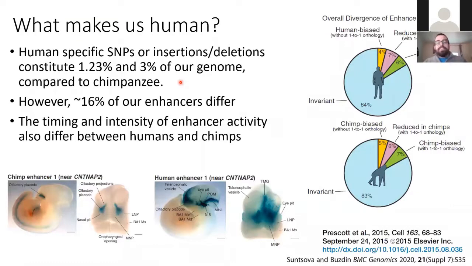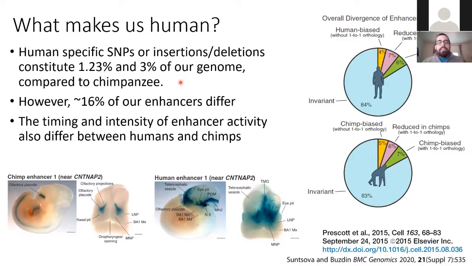What makes us human? If we compare our genome to the genome of a chimp, we see that it differs by about 1 to 3%, but phenotypically, humans and chimps are really different.